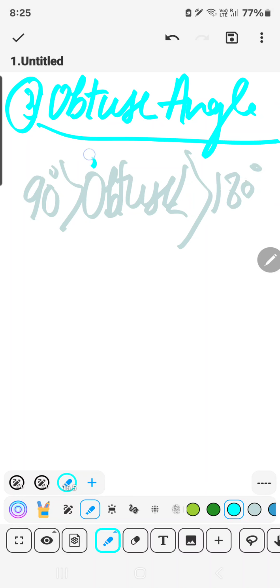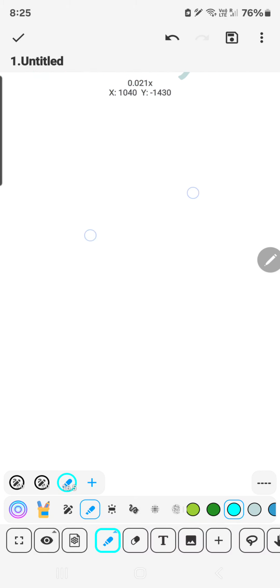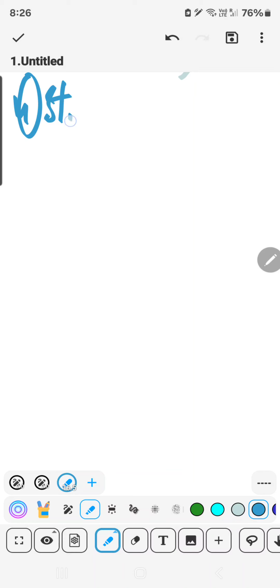So we'll write: whose measure is more than 90 but less than 180. Clear?